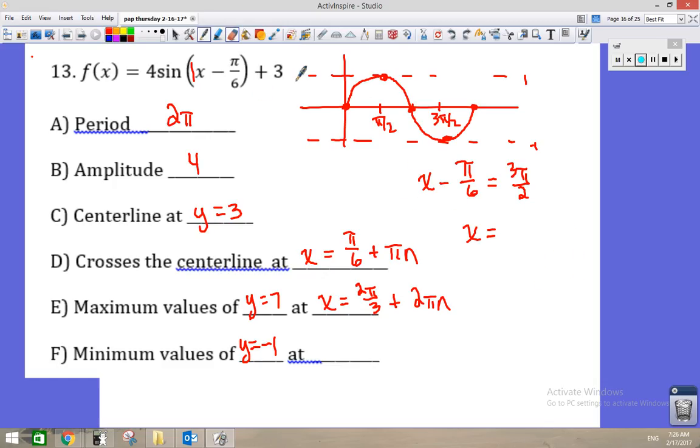I didn't get enough sleep last night. 9, and 9 plus 1, hey, that's 10. And 10 over 6, that reduces to 5 pi over 3. That looks better.